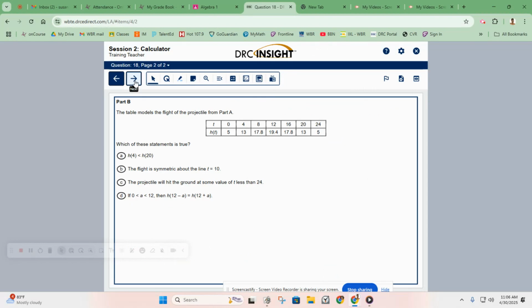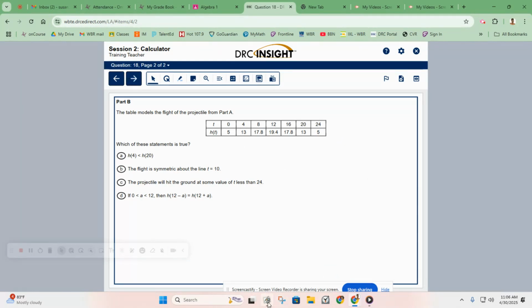Now on this, when you've got questions that have a part A, part B, this is giving you the same information, but in a table. If you're more of a visual learner, you're going to want to probably look at that graph to help you answer some of these. It's very easy to just click back and forth.